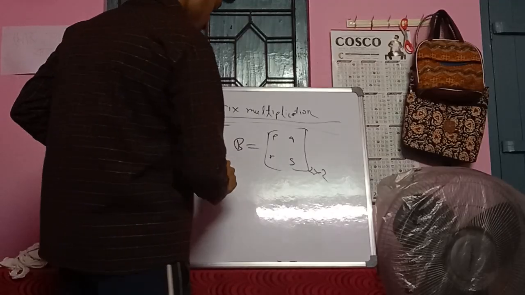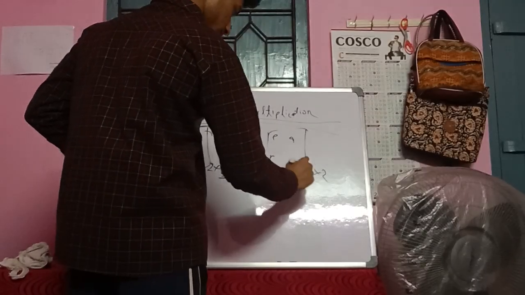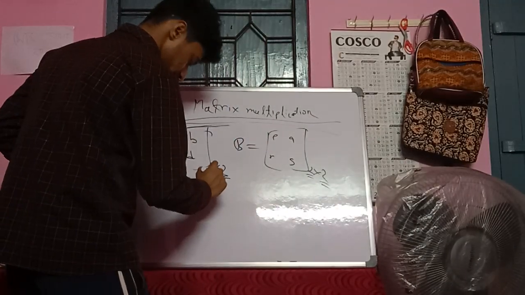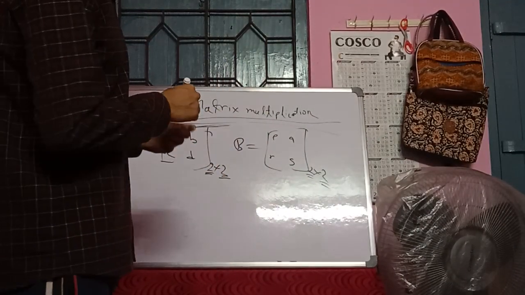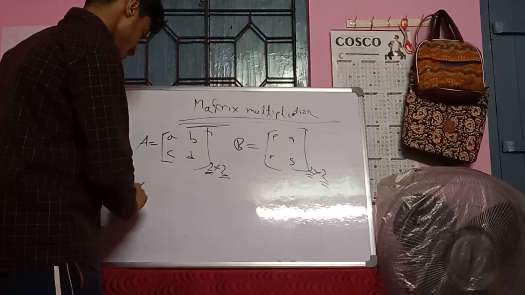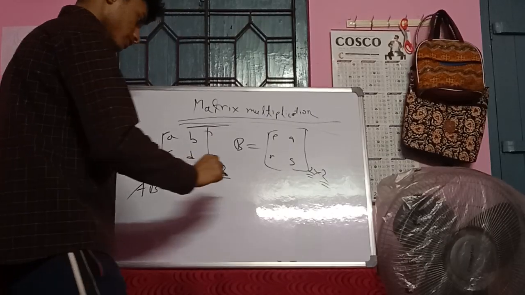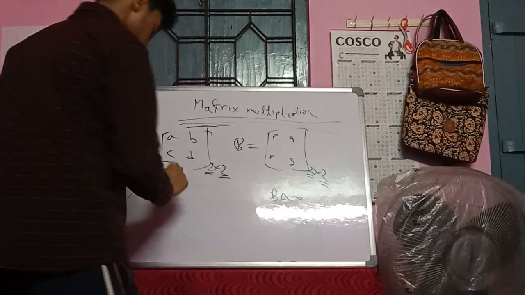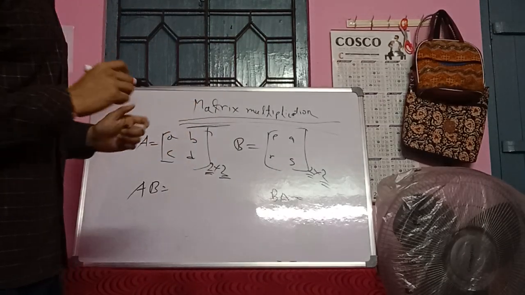Now, the number of columns and the number of rows, everything is the same. This means we can find out AB, we can find out BA. But would AB and BA be the same thing?